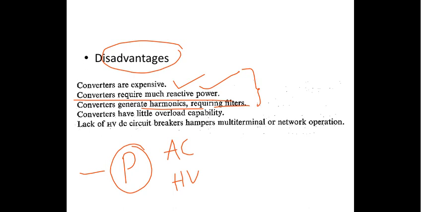And the last one here, the HVDC circuit breakers, right? So the circuit breakers are normally very well operated in the AC system, because you have the natural zero crossing of the voltage or current, right? You can make the breaker get opened at the natural zero. But in the DC, that too when a large amount of current is flowing, you have to force the current to zero when it has a very large quantity, and accordingly open the contacts.